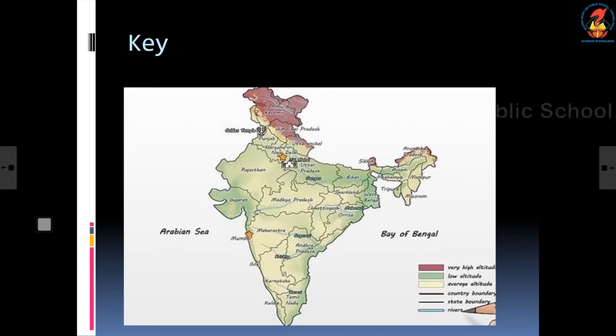First one is the direction, second one scale, third one symbols, fourth one colors, and fifth one is the key. Clear, children? Now you have to underline on page number 11. Here, directions. Take the heading direction.